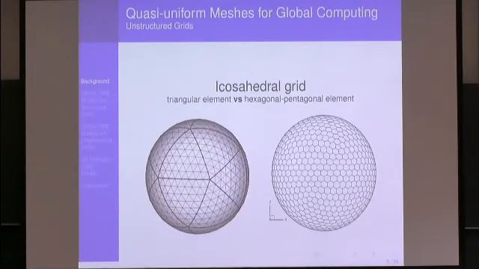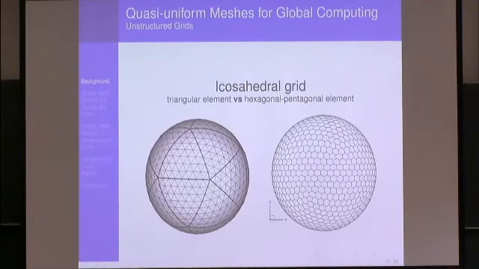The second type is the unstructured grid. In spherical geometry, we usually use the icosahedron grid. First, we project the planar icosahedron onto the sphere surface, and then we can use 2 types of elements to cover the whole globe. One is the triangular element, and another is the hexagonal element.